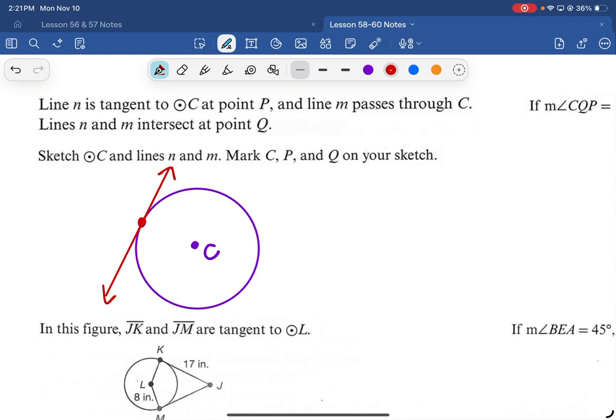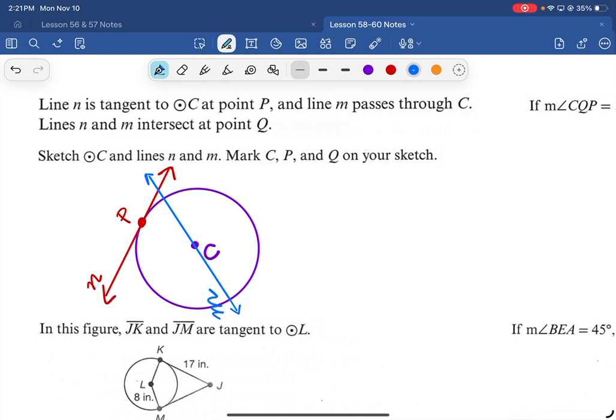Okay, what is this line called or named? N. So N. And it touches circle C at what point? P. Now, there's another line, line M, and it goes through C and it intersects line N. What's this line called?